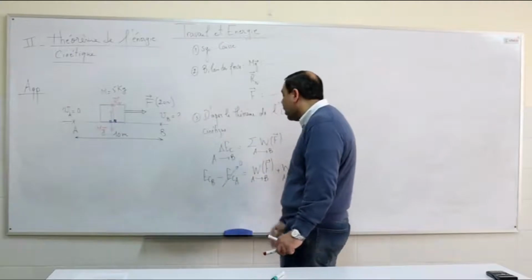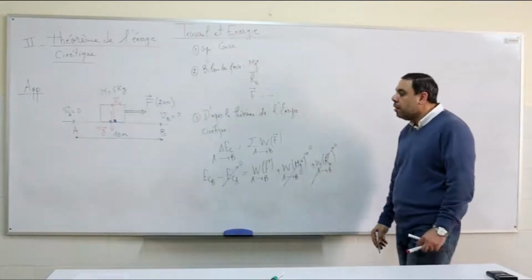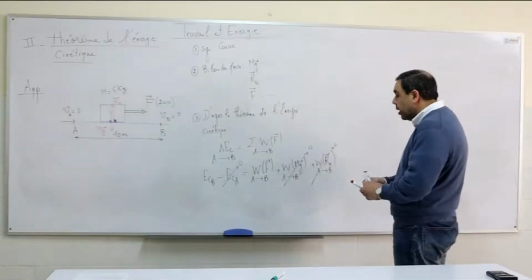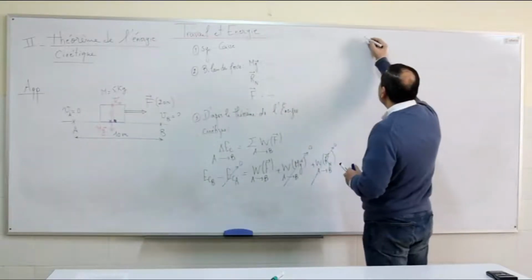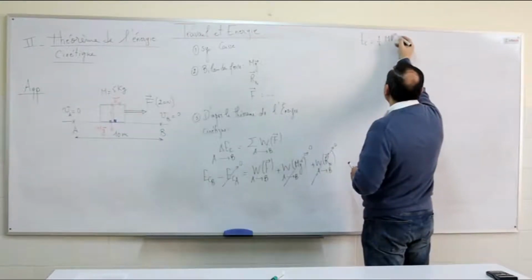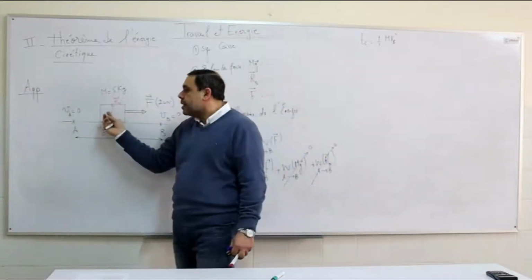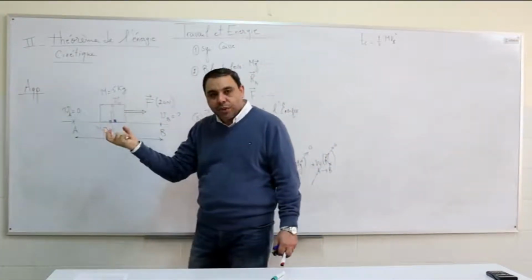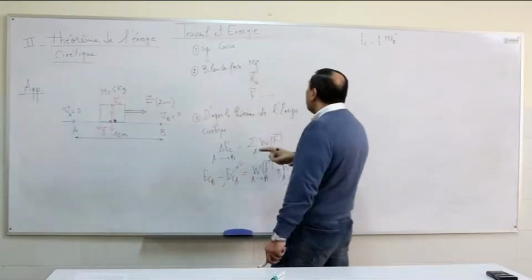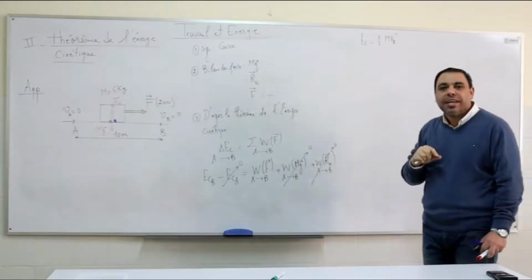The kinetic energy at B is equal to half m VB squared. Since in this exercise the box is considered a solid in translation, we use half mv squared and not half I theta prime squared.